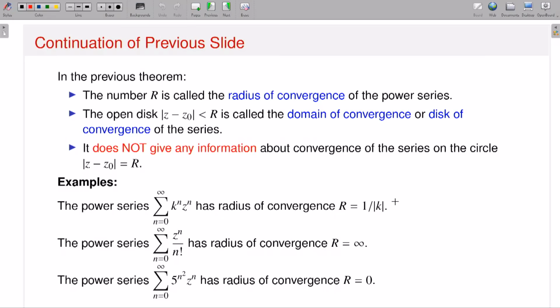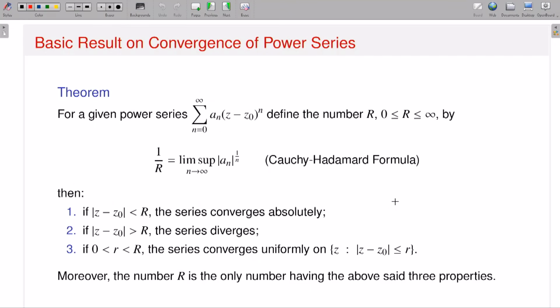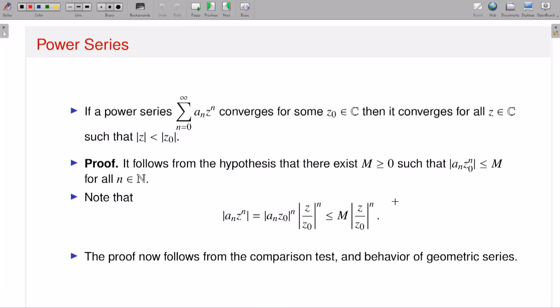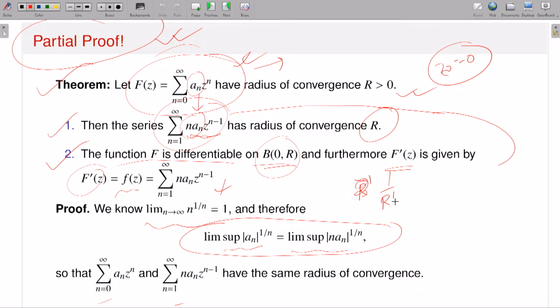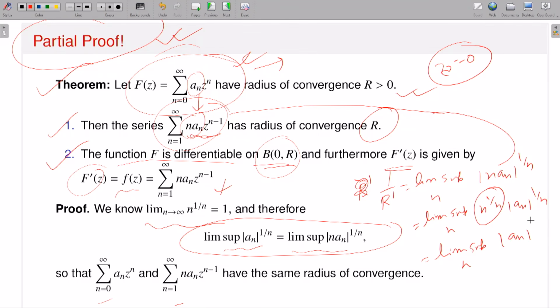The formula is that 1 by r is the lim sup of the absolute value of the coefficient to the power 1 by n. So this is my new coefficient, that means the lim sup of mod n a n to the power 1 by n. You can write it as the lim sup of n to the power 1 by n times mod a n to the power 1 by n. Now you see, since this limit is 1 and this is a convergent sequence, this lim sup is exactly the same as the lim sup of mod a n to the power 1 by n.